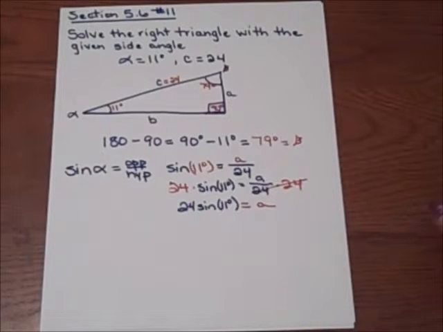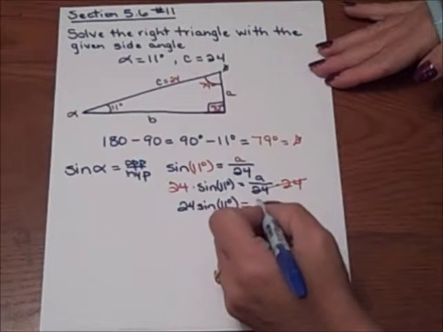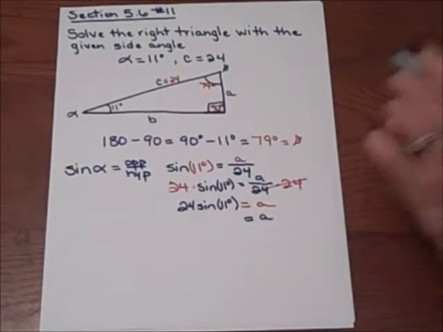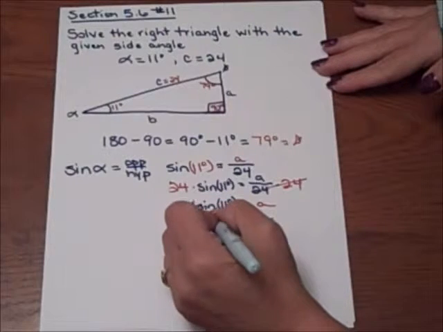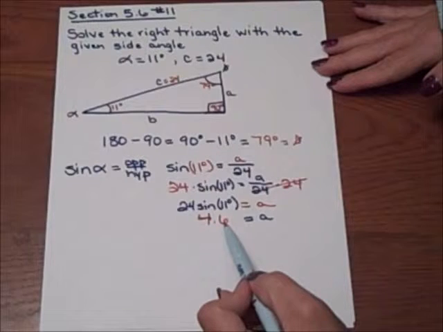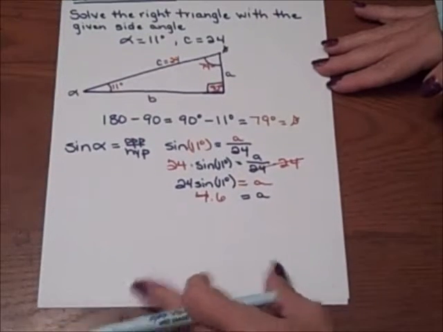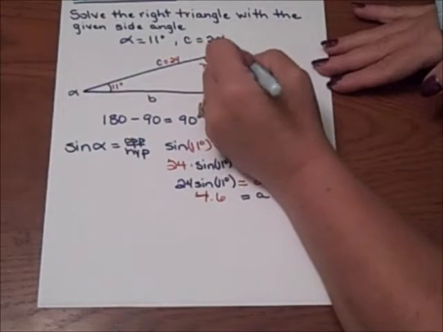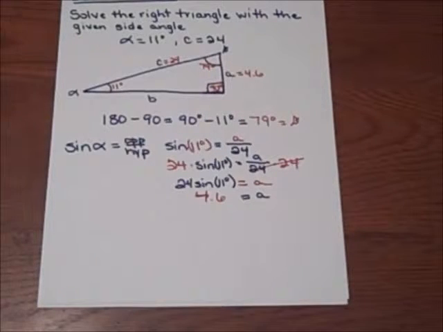And when you plug 24 sine 11 degrees into your calculator, A will equal 4.6. And 4.6 is rounded to the tenths place or 1 decimal place. So now we can go back up here to our visual. A equals 4.6.